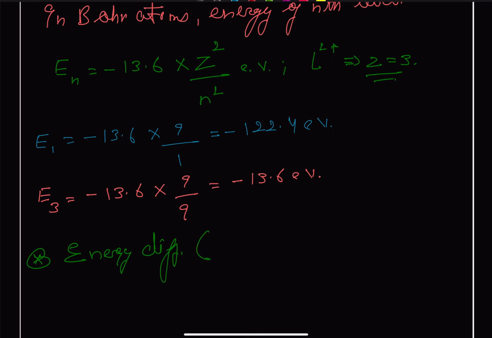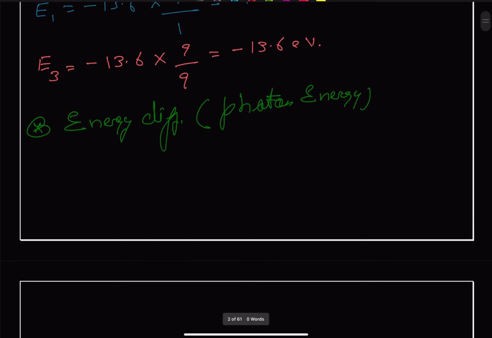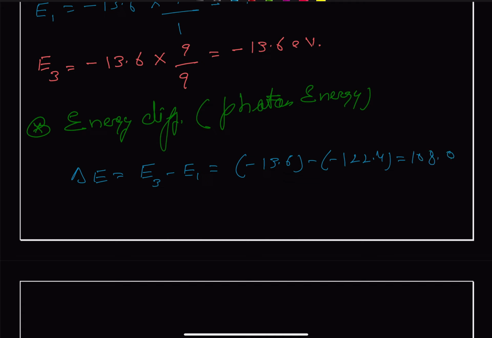Our energy difference, delta E, will be equal to E3 minus E1, which gives minus 13.6 minus of minus 122.4, and this comes as 108.8 electron volt.